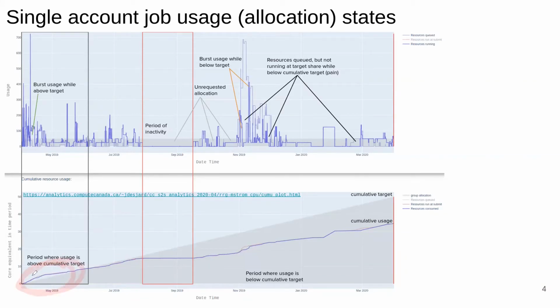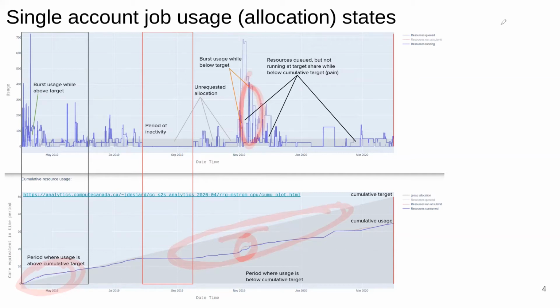That's whenever an account will have low priority and can expect to have wait times. But there are also times when the cumulative usage is below the target share for different reasons. And these are the times that we would like the accounts to be able to catch up to their target share. So those are periods of time where the slope of the usage will be higher than the target share. So we see this burst usage.